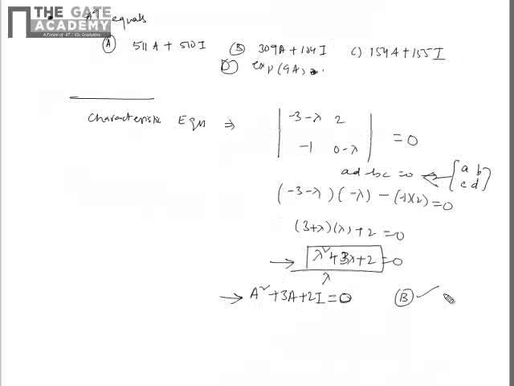Now let's evaluate A power 9. How do I evaluate A power 9? Let's start from A square. A square I know is minus 3A minus 2I. Now let's compute A power 4. A power 4 I can write as A square into A square.